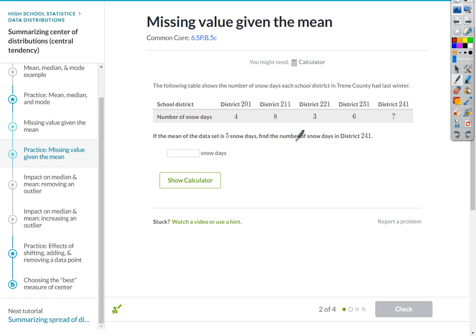If the mean of the data set is 5 days of snow, find the number of snow days in District 241. So we know our mean is 5 days, and there are 1, 2, 3, 4, 5 districts that have data in the final result. So you're going to say 5 times 5 is 25. So your total should be 25.